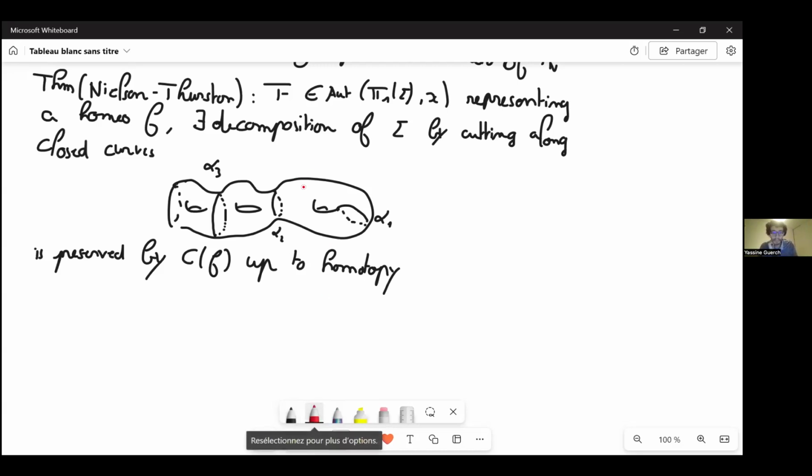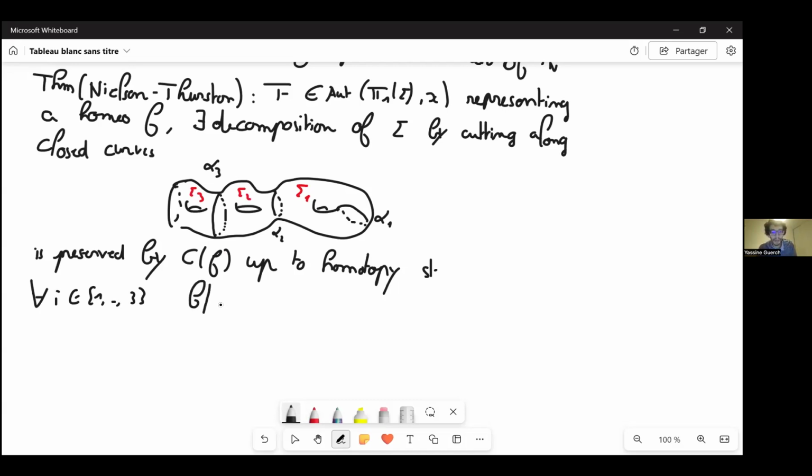So you obtain subsurfaces which I called sigma 1, sigma 2, and sigma 3. And in fact, all the dynamics of the homeomorphism F is such that for every i in 1, 2, 3.